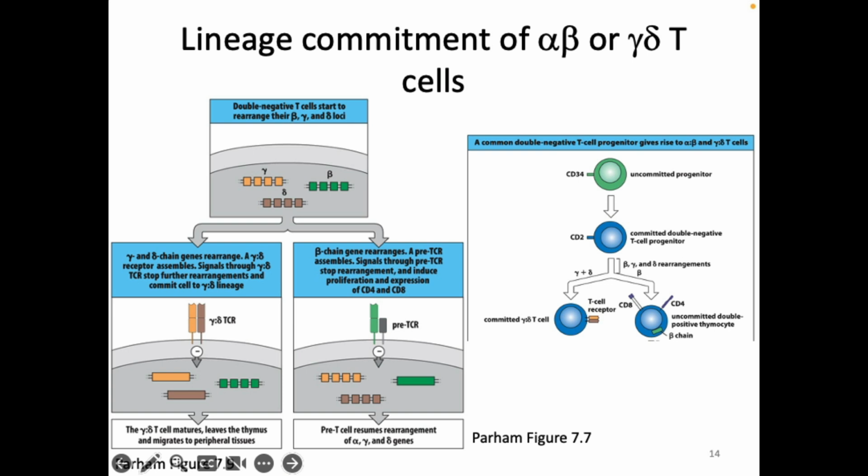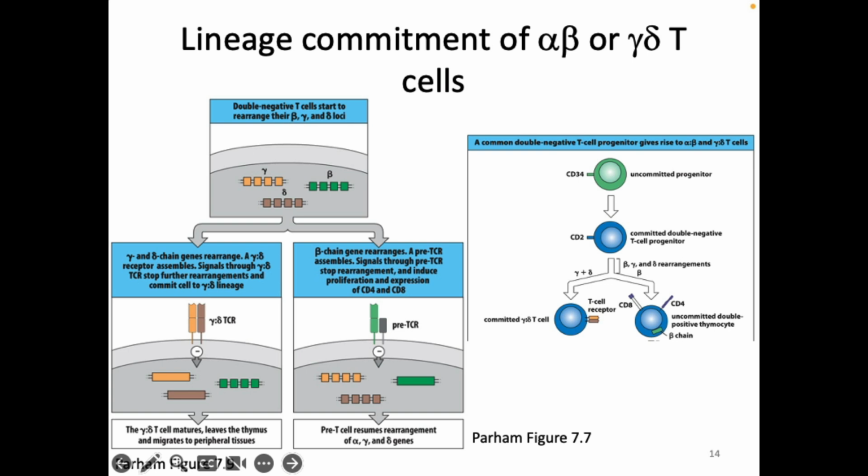Alternatively, the cell could make gamma and delta correctly. This might be a little bit trickier because it's got to get two correct rearrangements, a correct gamma and a correct delta, and put them both on the cell surface. And if that happens, that signal turns off beta rearrangement.